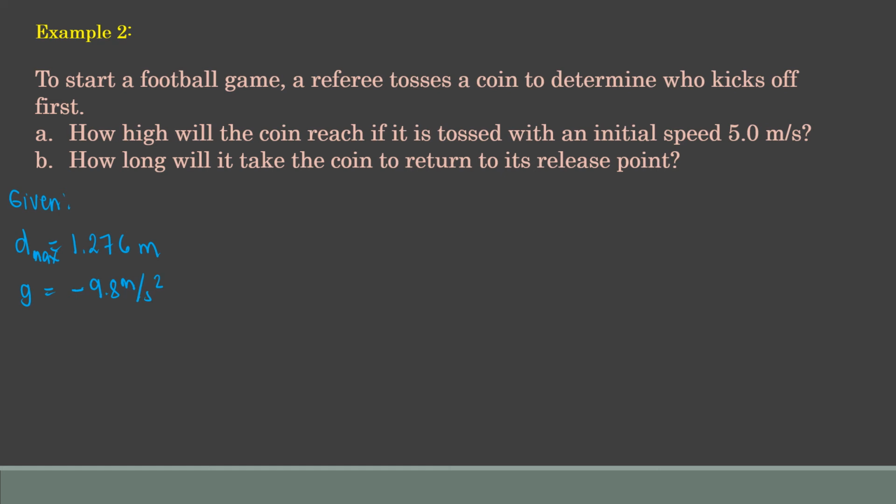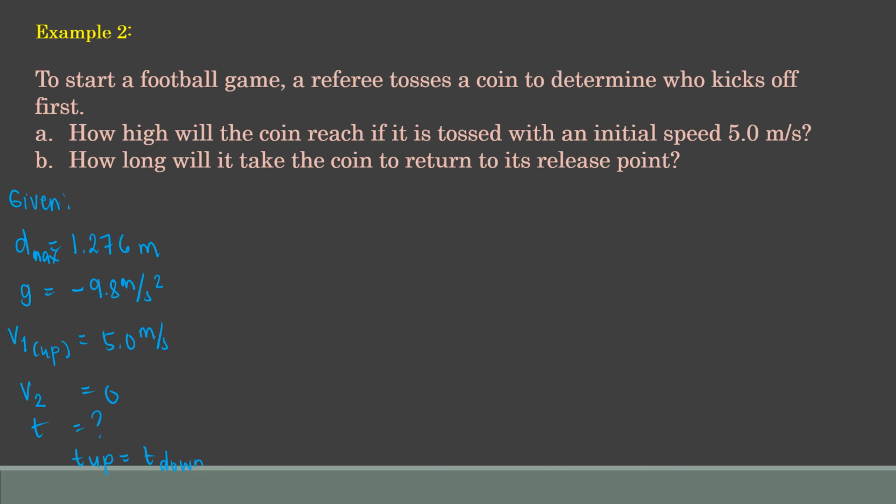So we can use the initial velocity when it was tossed upward, that is 5.0 meter per second, and the final velocity when it reaches the maximum height as 0, so that we can calculate for the time. Remember that in the previous slides, we mentioned that the time to go up is equal to the time to go down.